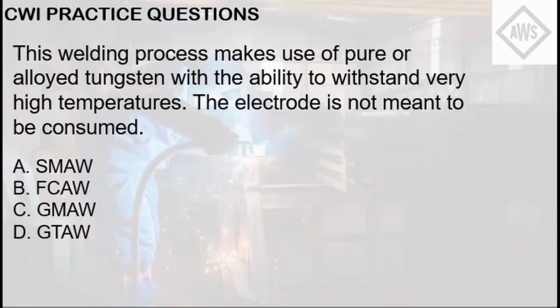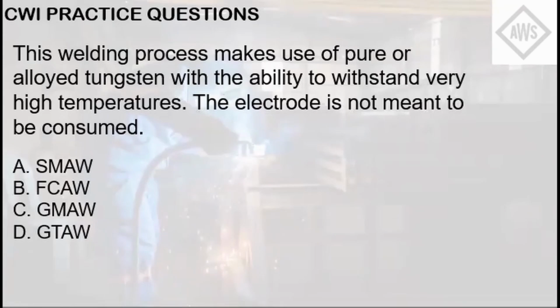FCAW is made up of a tubular electrode, so there's no tungsten in there. GMAW consists of meters and meters of wire that is being fed to the gun, and it doesn't have tungsten in it.